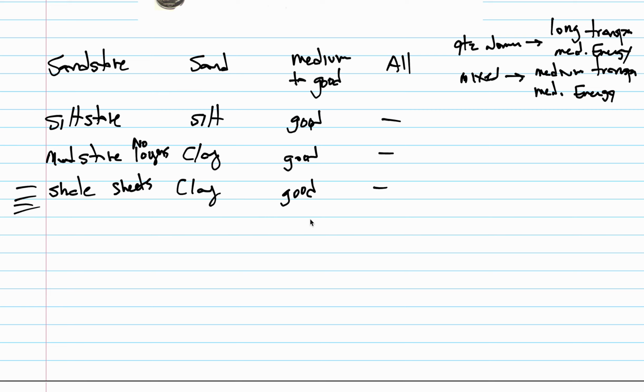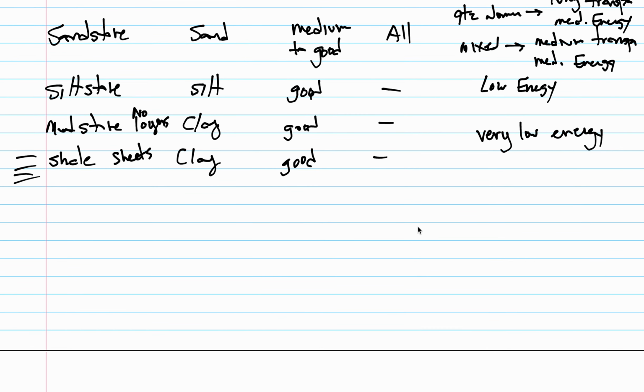So let's go over to our environment interpretation. For a siltstone, the interpretation here is that this is a low energy depositional environment, and for mudstones and shales, these are very low energy environments. These are things like lakes or deltas where the water and wind, or I guess a desert with low winds, aren't able to carry these particles very far.